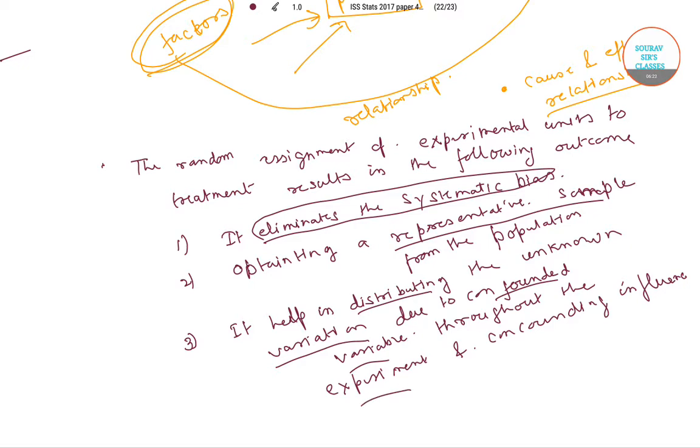So it breaks the confounding influence by distributing the unknown variation due to confounded variables throughout the experiment.